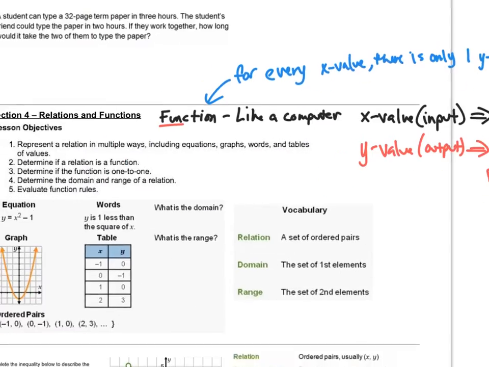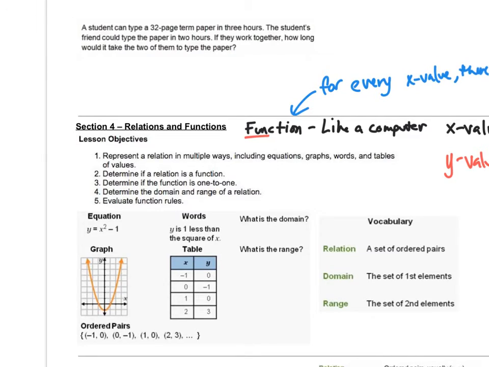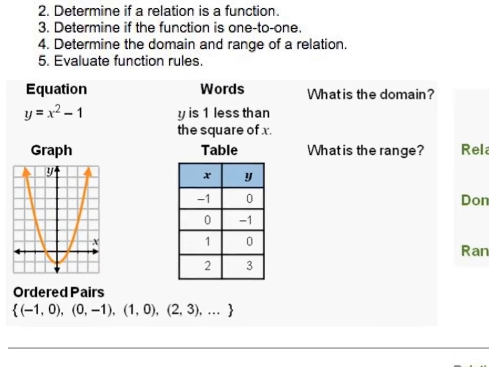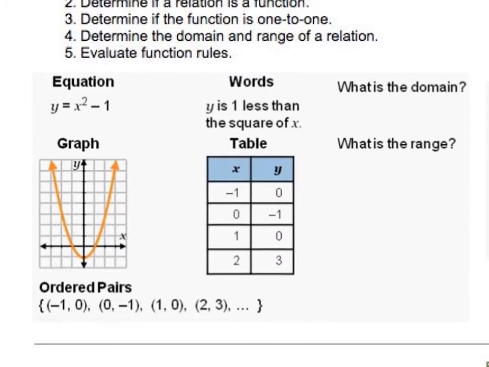So we have all these different things here. We have a function. We can represent that as an equation, and I can tell if that's a function by looking at the equation. I can tell by looking at the graph.